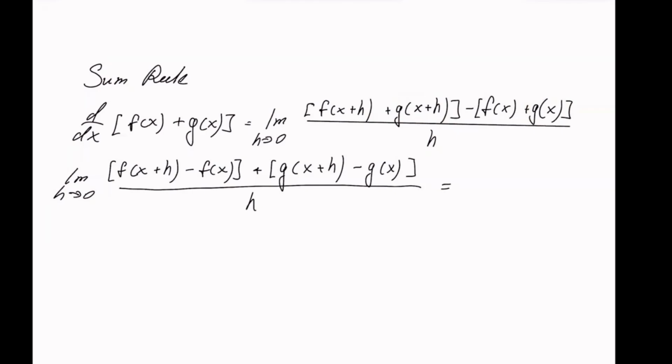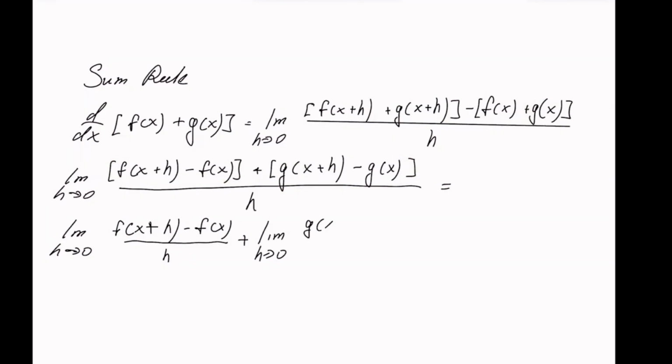Now remember that if we have two terms in the numerator, we can separate them into two fractions, and we will have the limit as h approaches 0 of f of x plus h minus f of x divided by h, plus the limit as h goes to 0 of g of x plus h minus g of x over h.